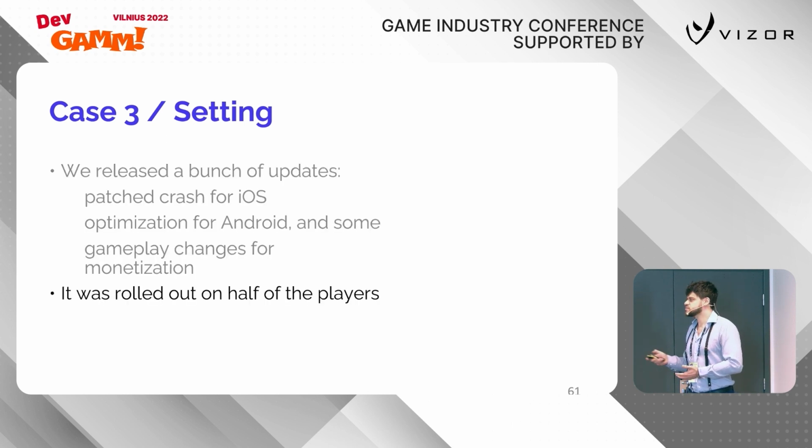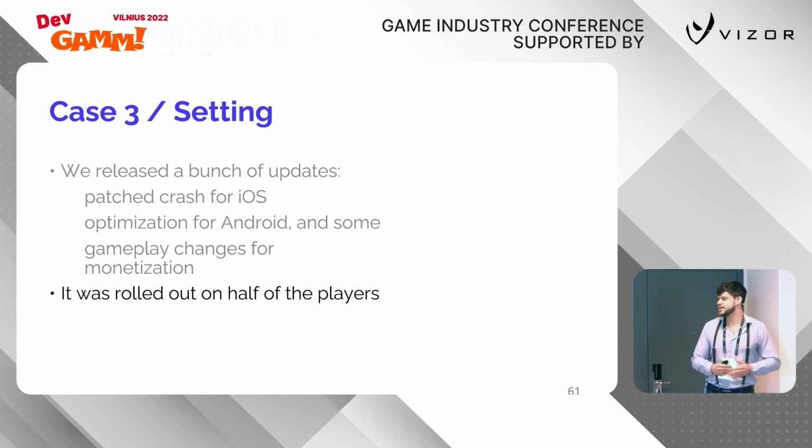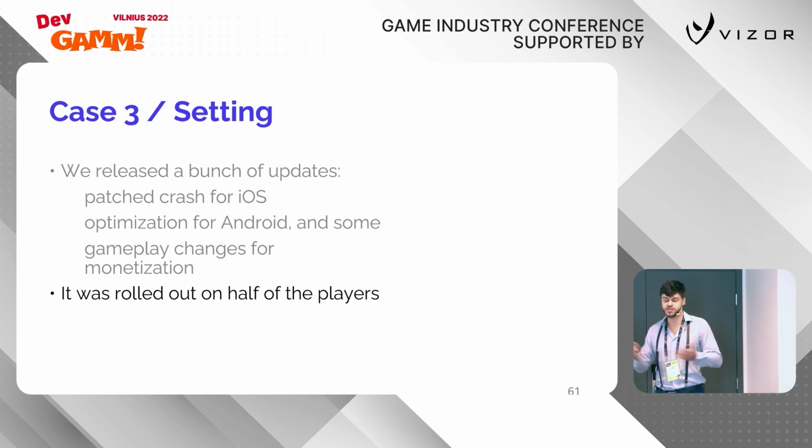Of course we don't want to roll out these changes on all of our players, so we chose a half, and we rolled out these changes on this half of the players. Essentially we are running an A/B test.